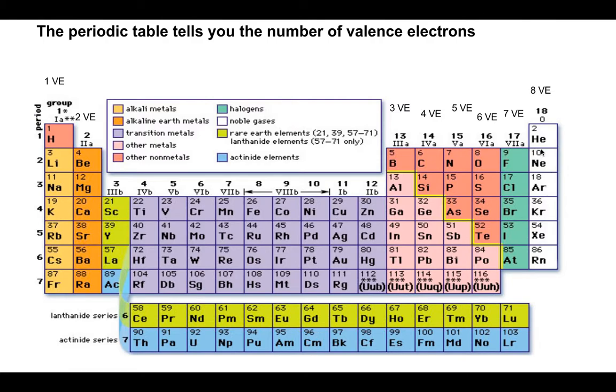And that is true for all the elements in group 18 except helium. Helium only has 2 electrons total, and both of them are in the outer energy level. So helium actually only has 2 valence electrons, whereas the rest of the noble gases have 8 valence electrons.